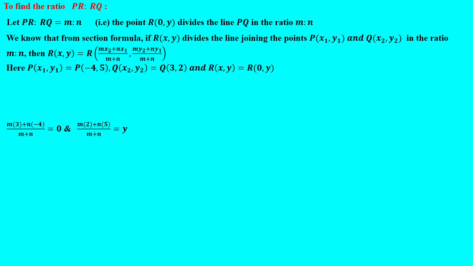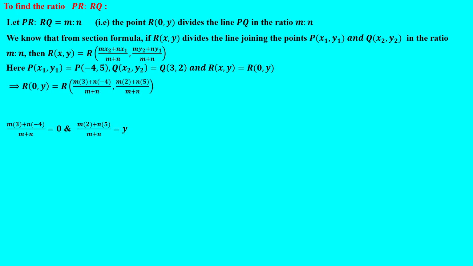Here P(x1, y1) is P(-4, 5), x1 equals -4, y1 equals 5, and Q(x2, y2) is Q(3, 2), x2 equals 3, y2 equals 2, and R(x, y) is R(0, y), x equals 0, y equals y itself.